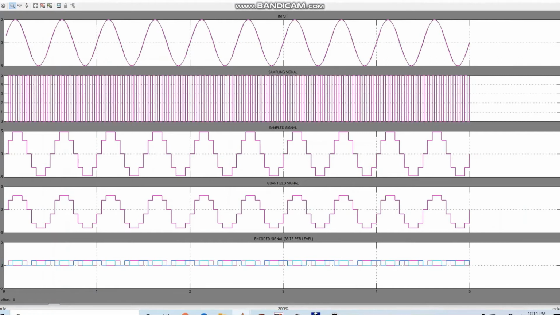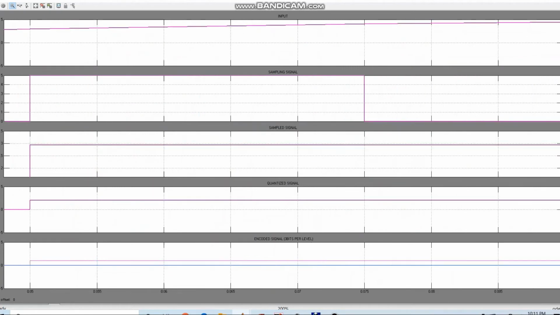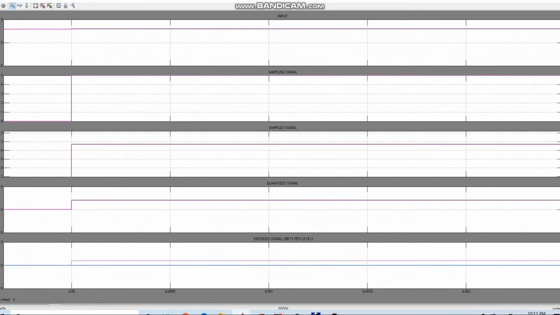This is our input sine wave. This is the pulse generator output, and here we can see the sampled signal. You can see this is not exactly 3 volt, it is around 2.8 or any other arbitrary floating point value.